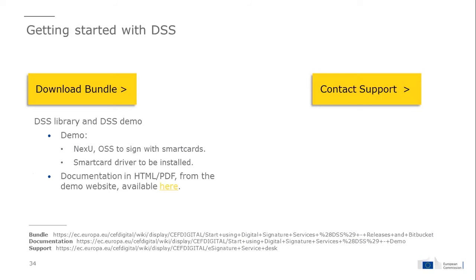Still, because this is completely specific to your smart card, suppose you want to sign with a smart card in the demo, you will still need to install your own smart card driver, but that is typically provided with your smart card when you buy one. Okay, and inside the bundle, you will also see that the documentation is hosted in the demo of that bundle. Okay, we will see that.